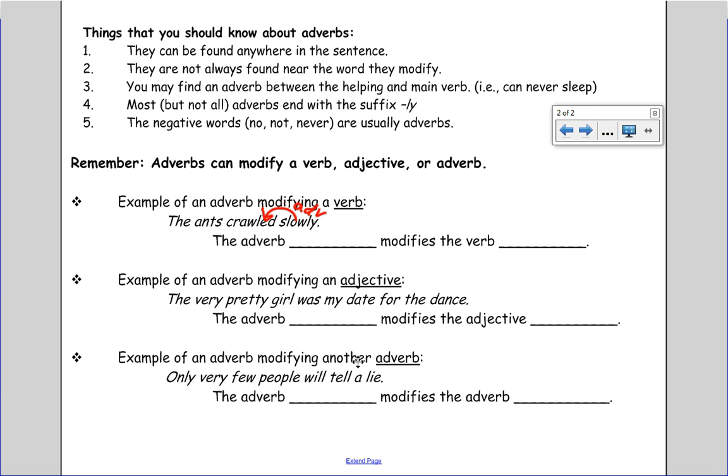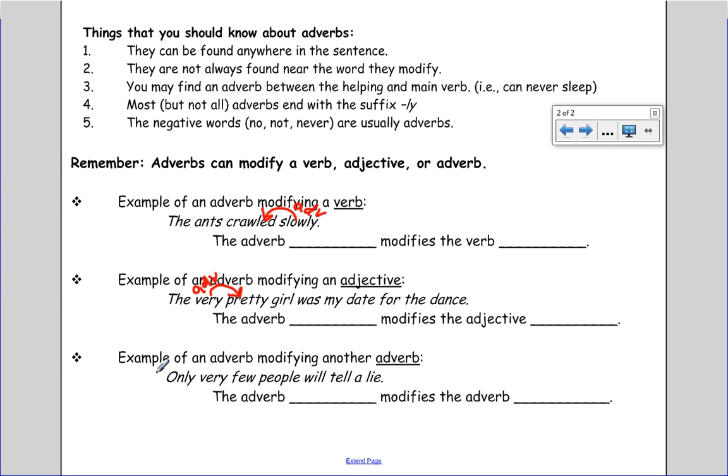Then we have an example of an adverb modifying an adjective. So if we look at the very pretty girl was my date for the dance. So we have the adverb very describing how pretty the girl was or to what extent was her prettiness. So we would have very to pretty, and that would be our adverb.